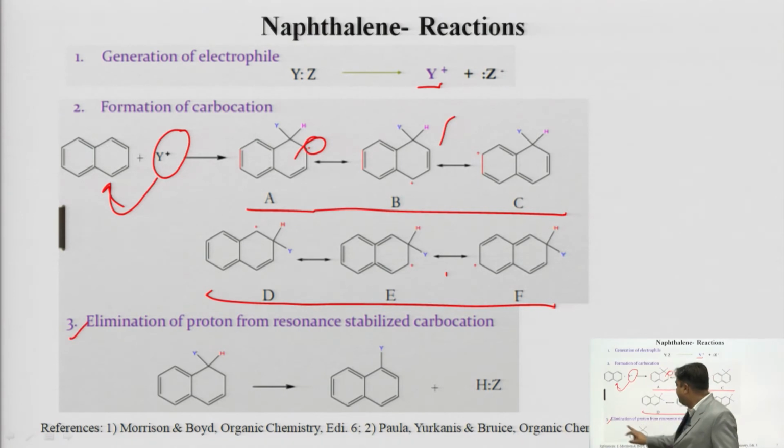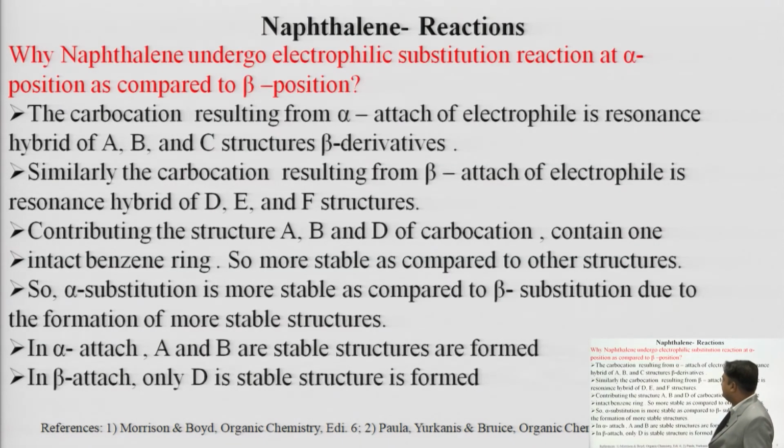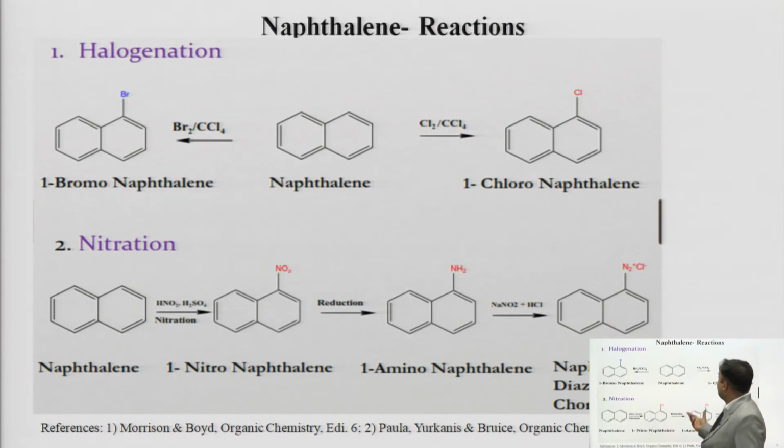In the third step, the proton is removed from the resonance structure and we get our substituted product at the end. This is all we have already discussed. Now, come one by one.